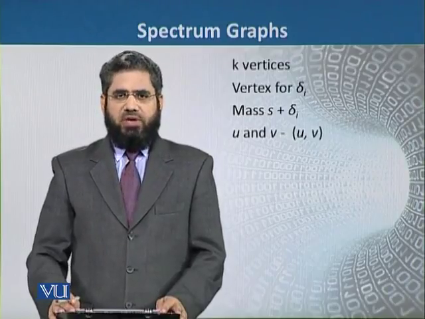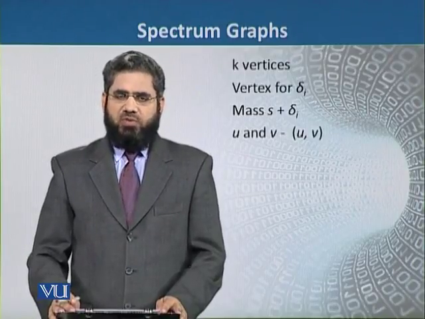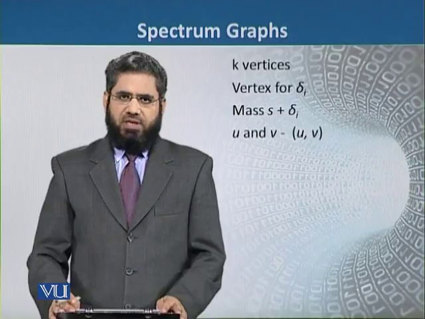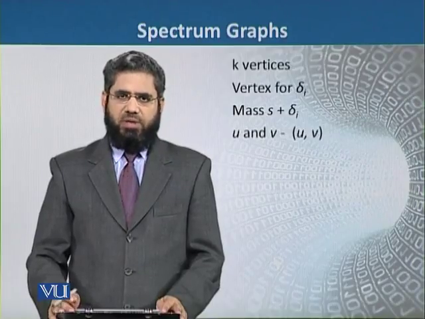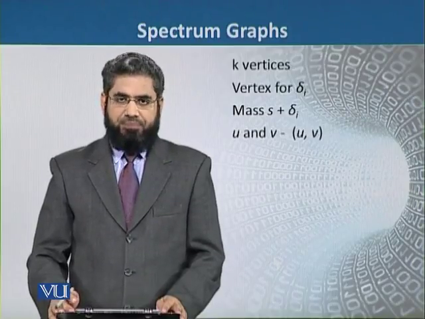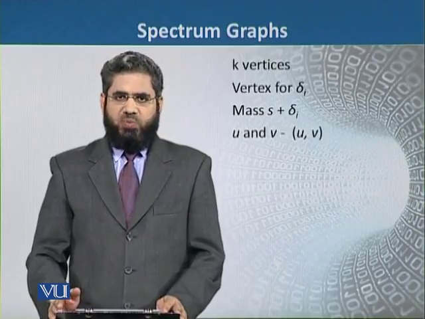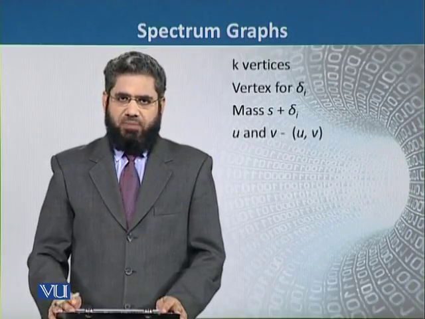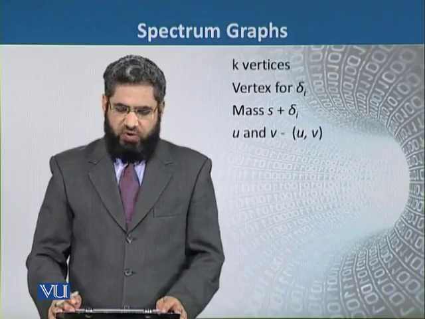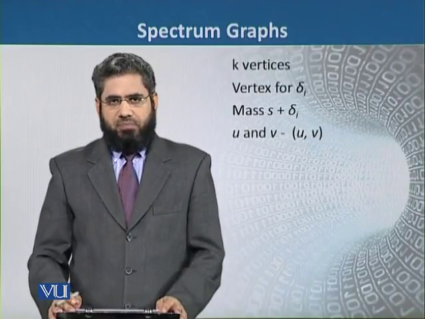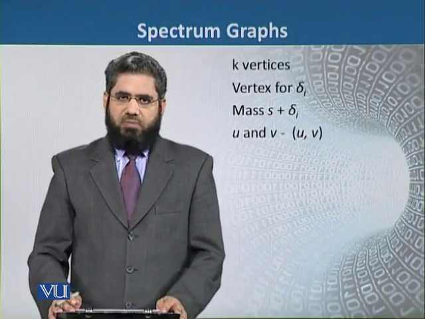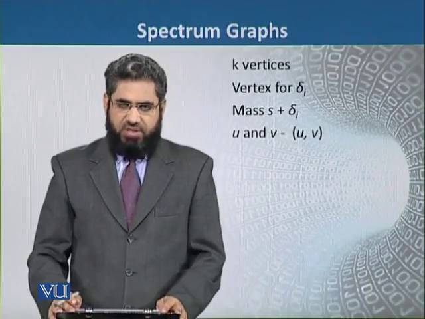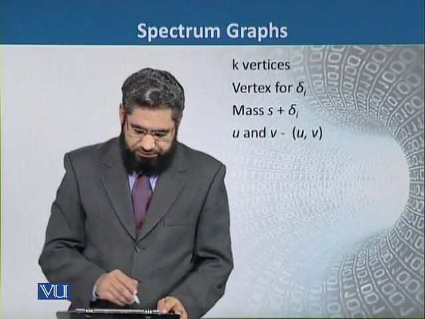We can also join any two points present in the spectrum, which we call u and v, and we join these points as directed edges, written (u, v) in brackets. And the more K vertices, the better the path will be.